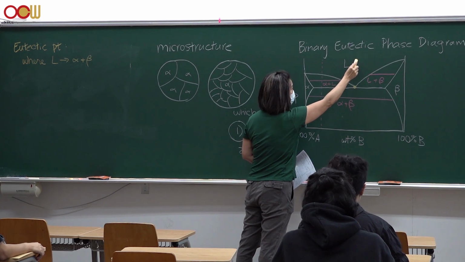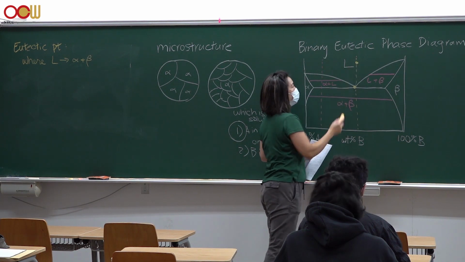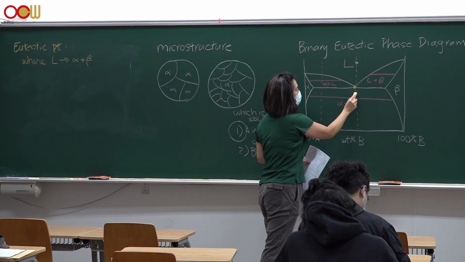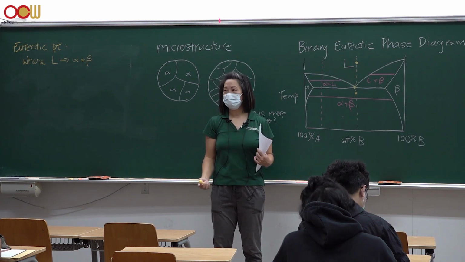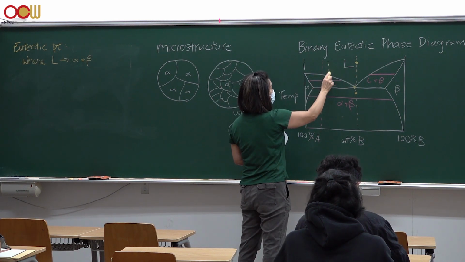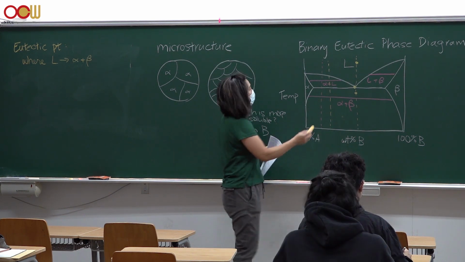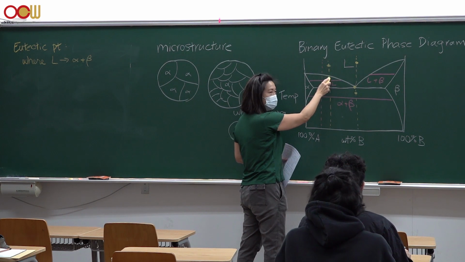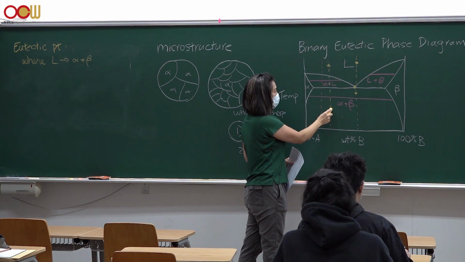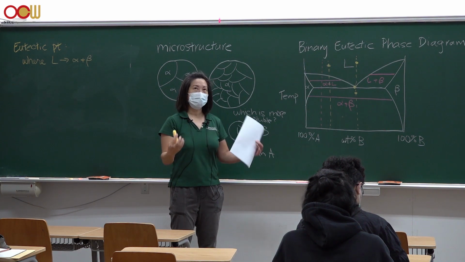If I have this concentration and I start here, I have 100% liquid. I go down to here, I have 100% solid made out of alpha and beta phases. But if I were here, under the eutectic composition, then I would go from 100% liquid to a mixture of alpha and liquid, and continue to lower the temperature to two solid phases.